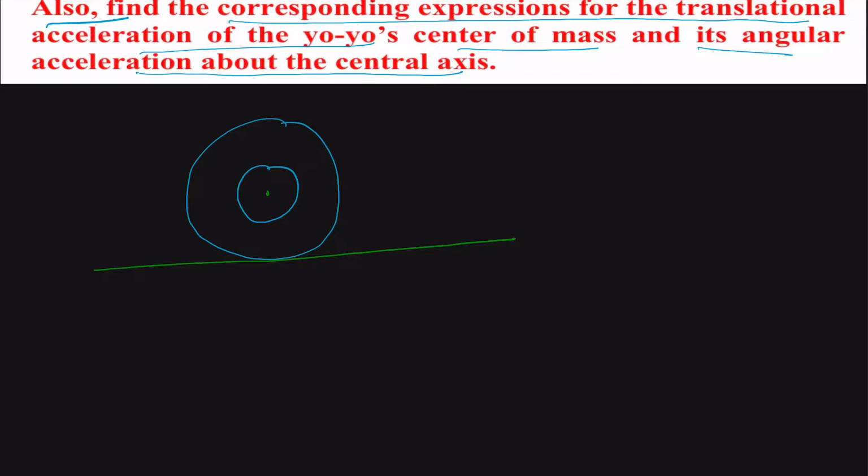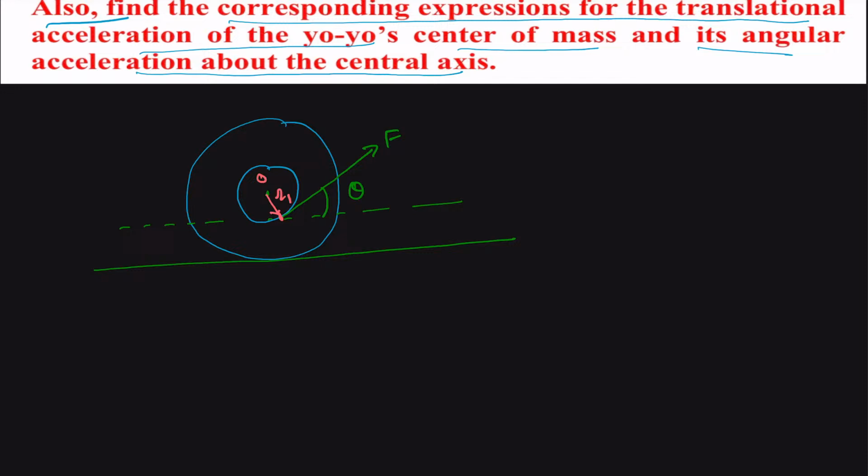The force is being applied with respect to the horizontal at an angle of theta. So let us suppose this is the point at which the force F is being applied, and it is making an angle of theta with the horizontal. And this point of contact, let us suppose its position vector with respect to the center O we call R1.